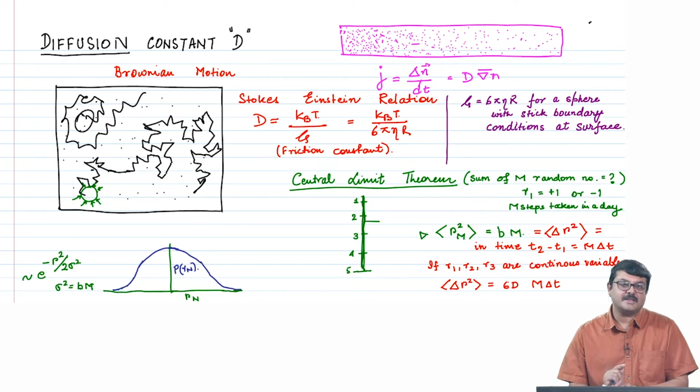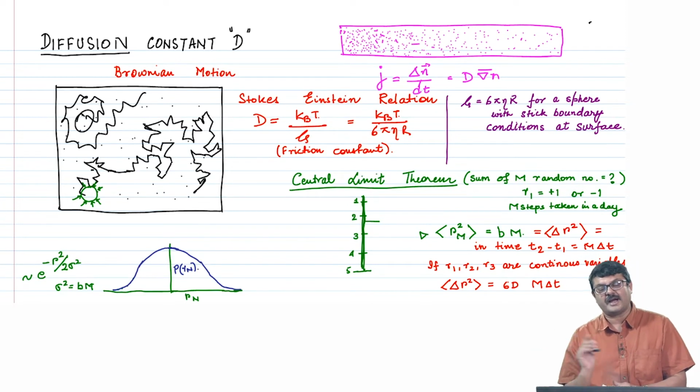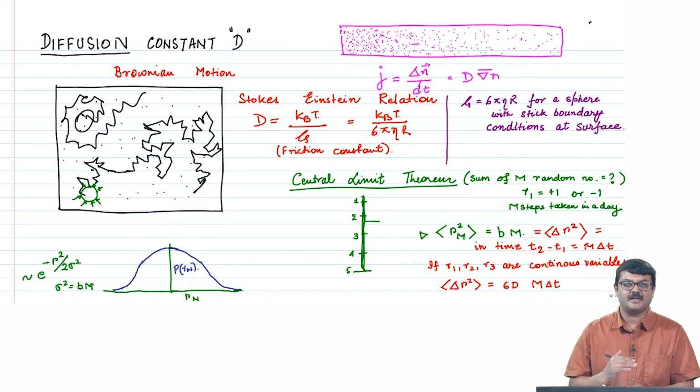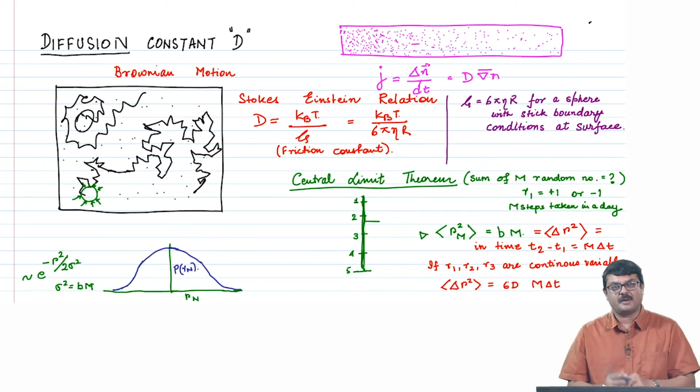Now, if you calculate the net displacement, some particles will move to the right, some to the left, some up, some down, and if you calculate the net displacement averaged over many particles after time t, you will get 0, right. But at the same time the particles would have got displaced.